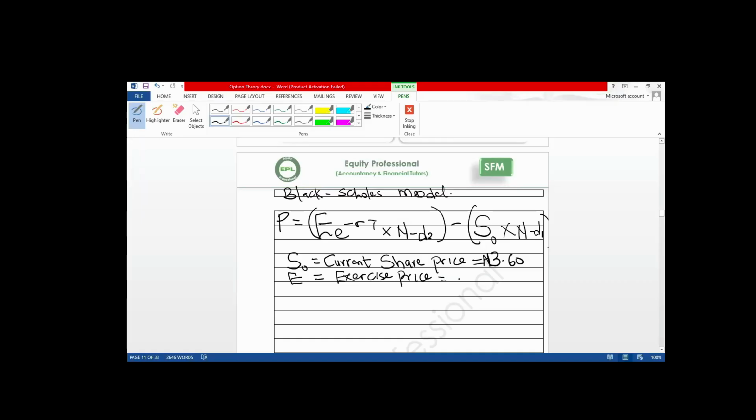Examiner says we are going to protect ourselves against a 5% fall in share price. That means out of these 3 naira 60 kobo, you can tolerate a 5% fall. Compute 5% of 360 and deduct it.